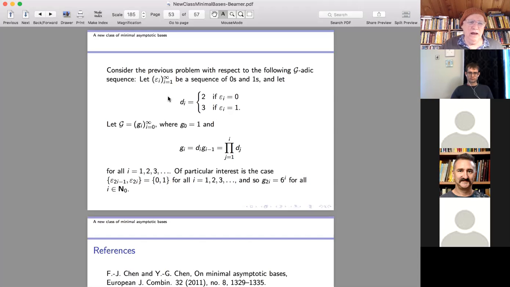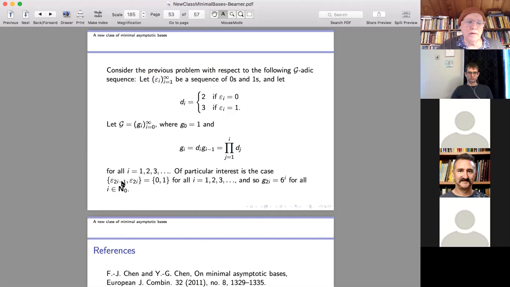And I don't know that anyone has looked into any of the properties of such a sequence. Even if you take a very simple case, suppose we take this geodetic sequence, g_i is some number d_i times g_{i-1}. And suppose when you take this sequence of successive divisors, here this epsilon_i is 0 or 1, and determines whether you have 2 or 3.